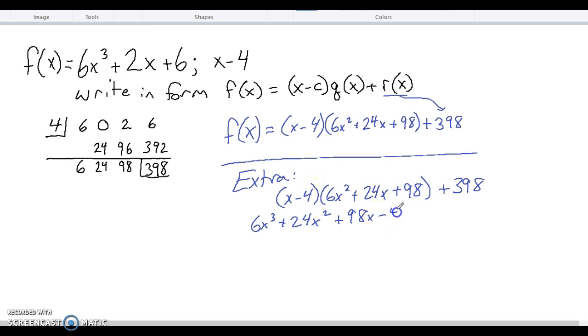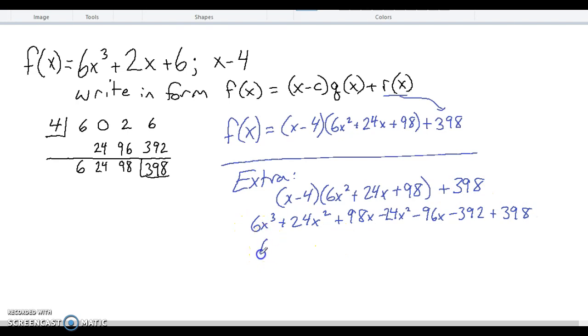Negative 4 times 6x squared is negative 24x squared. Negative 4 times 24, well, we've already done 4 times 24 right here, got 96, so that's negative 96x. Negative 4 times 98, well, we already did 4 times 98 up here, we got 392, so that's negative 392 plus 398, that just stuck around, and we'll combine like terms.